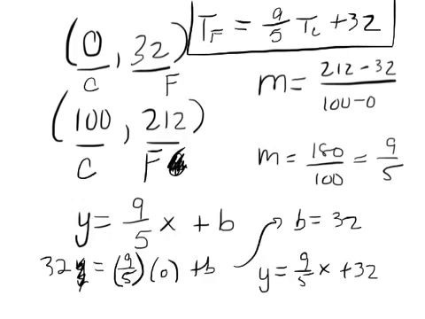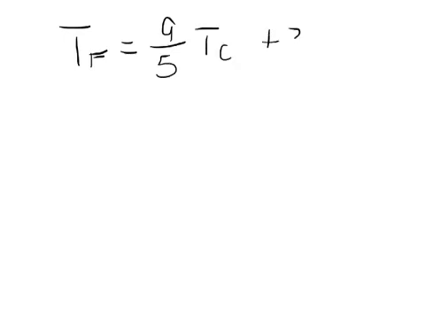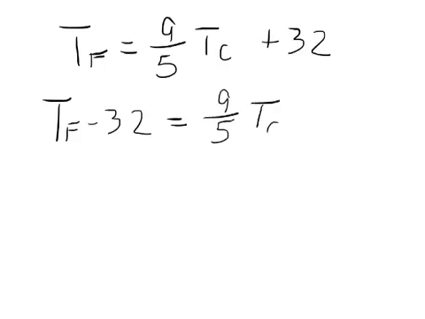Now, if we take that exact figure the other way, sure, we could reverse our x and y and resolve this entire thing, or we can just solve for TC. So let's subtract 32 and multiply by 5/9.